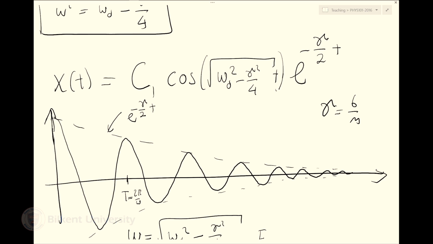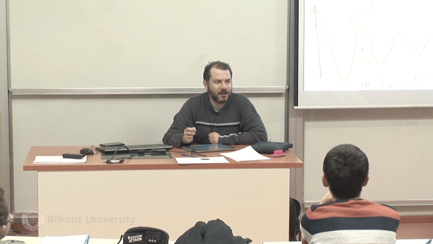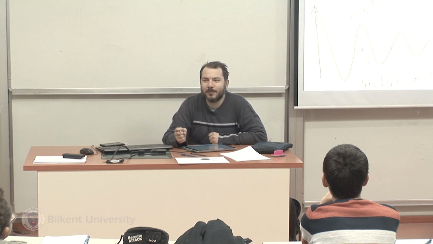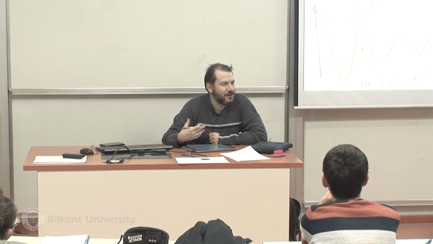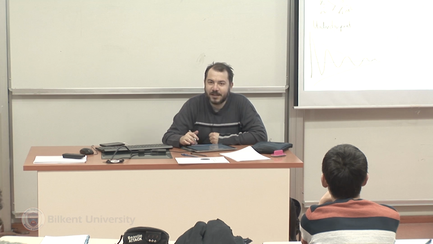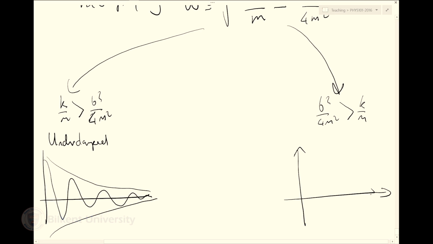What's the definition of cosine? e to the i theta plus e to the minus i theta, divided by 2, right? So if I put in an imaginary number, the cosine of an imaginary number is cosine hyperbolic, sine hyperbolic, which is essentially again an exponential. So in that case, you basically just have exponential decay.